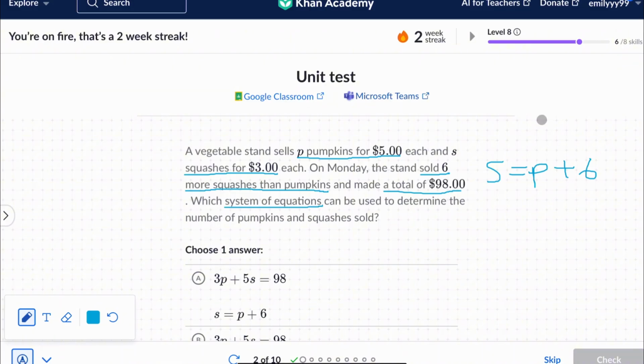This is going to be the first equation, and the second equation is going to be how much money she made, which is 5p, because we don't know how many pumpkins, plus 3s, the amount of squashes, and this is equal to a total of $98, which is what she made. And so that should be the system of equations.